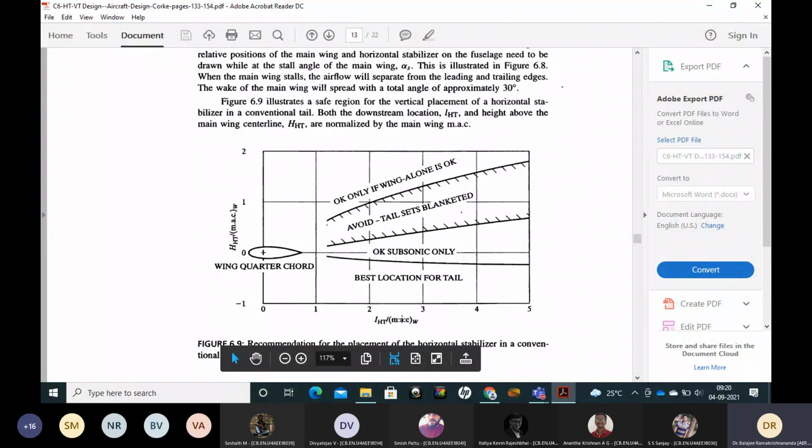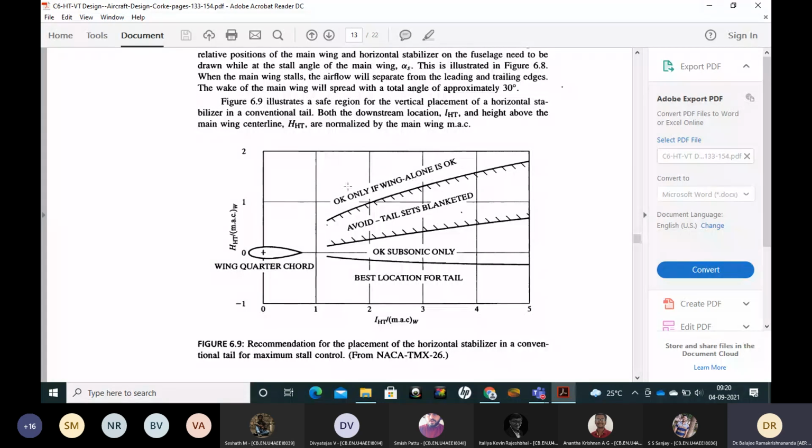Now you should avoid this region, which is the tail-blanketed region. This is for subsonic only, don't use it for supersonic flow to place your horizontal tail. You can place it here, the best location for tail, or above this line.